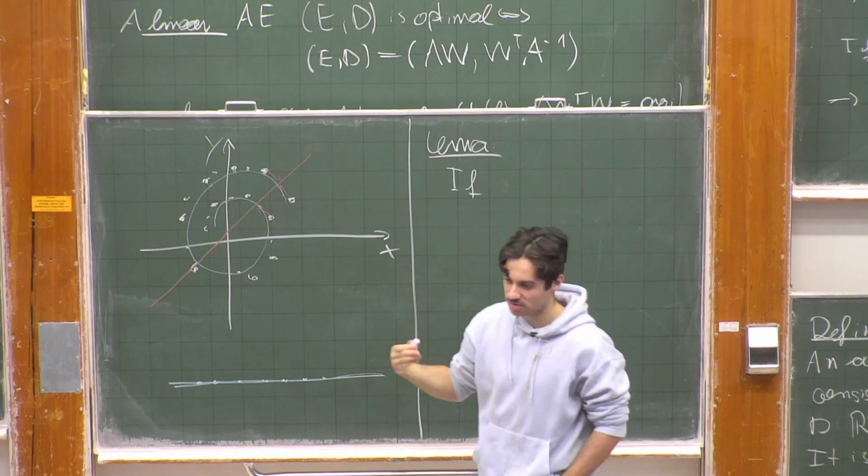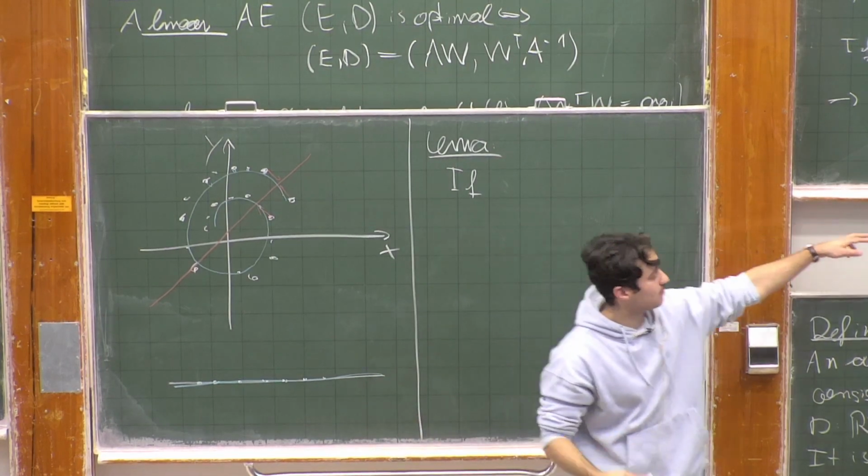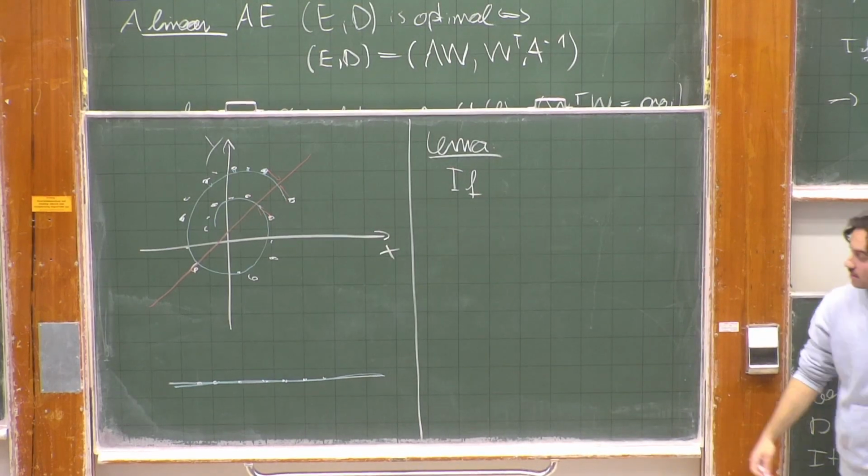We pick an optimal autoencoder, and then we can represent it by such a pair, right?